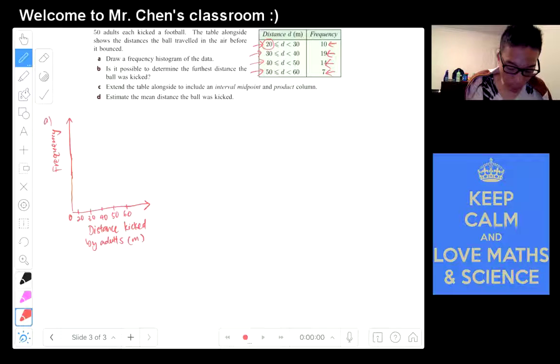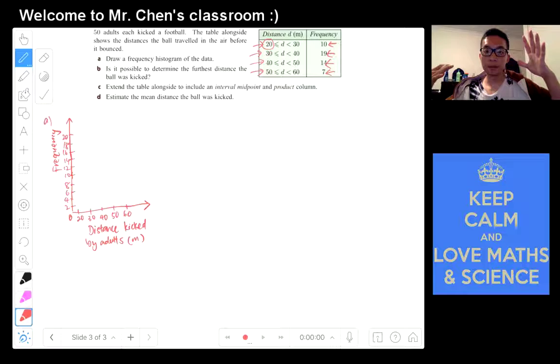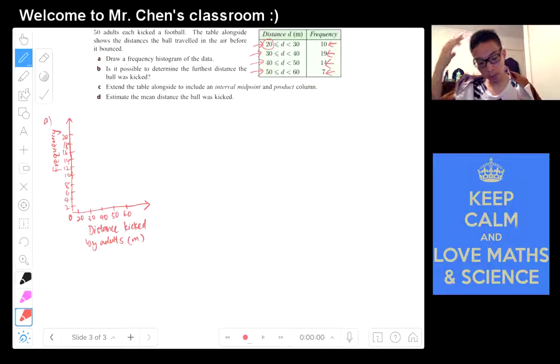Okay, so I might do 2, 4, 6, 8, 10, 12, 14, 16, 18, 20. So when you plot your graph, you make sure that it is able to include all your data without looking too crowded.